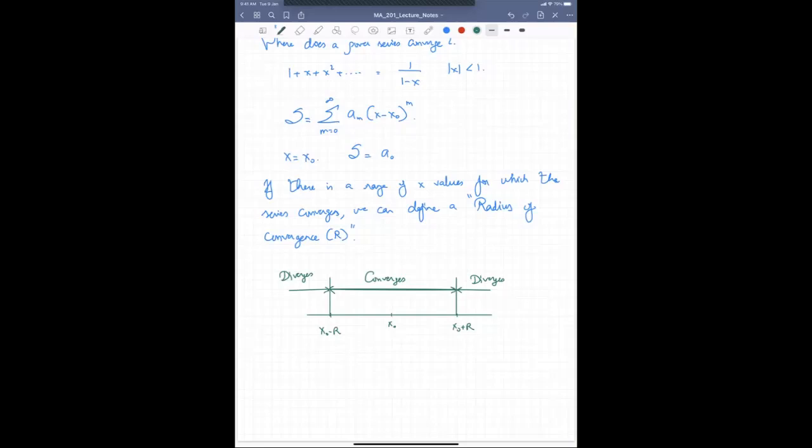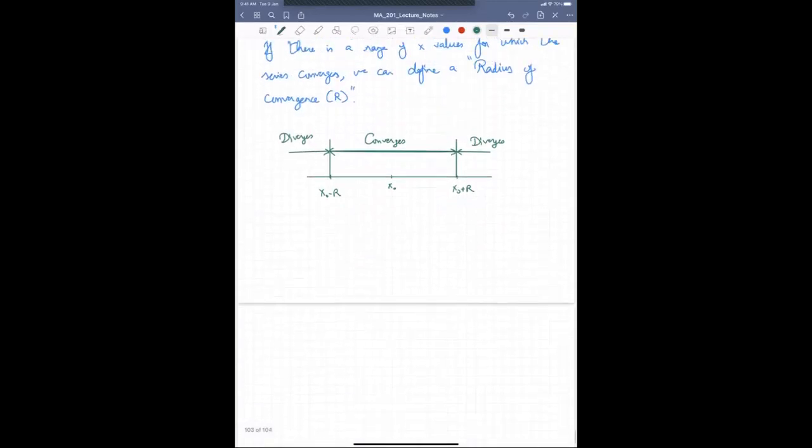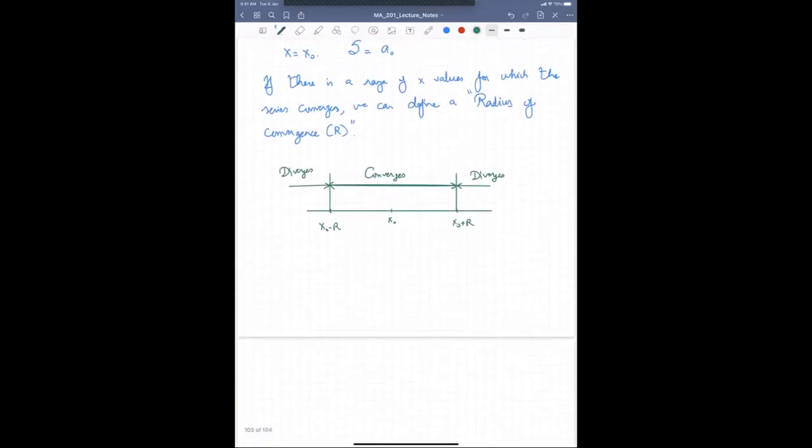So it could so happen that you have a finite length of x for which a particular series can converge. In other words, the sequence has a limit and the series can be summed exactly. And beyond this radius of convergence, the series actually diverges. So modulus of x minus x0 less than R defines the radius of convergence.